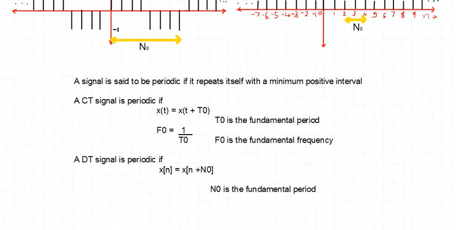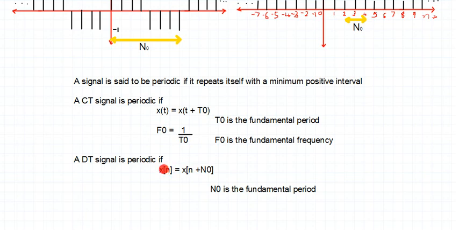Similar is also true for DT signals. If a DT signal is shifted by N naught, what is N naught? N naught is the minimum positive interval after which the samples repeat. If we do a shifting operation x[n + N naught], this results in a similar signal. The signal looks similar to its shifted version.